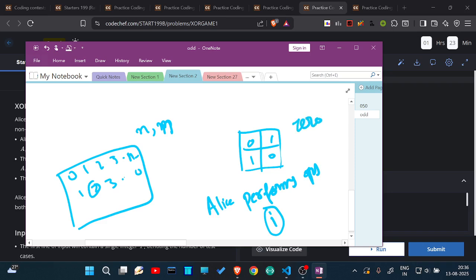Zero. Some point. And Bob will make what? Should Bob make zero? So this has been zero. What is the maximum XOR, minimum XOR?